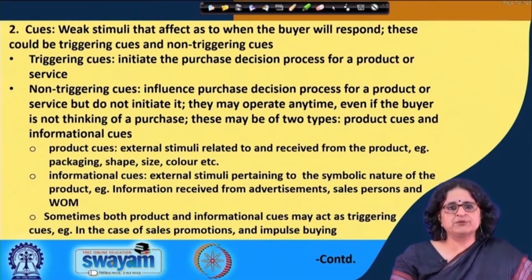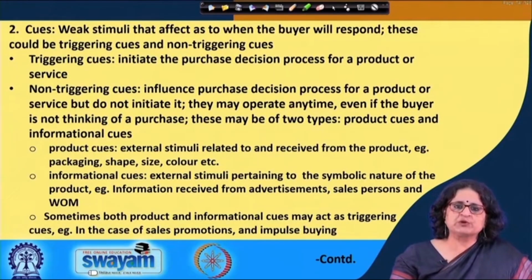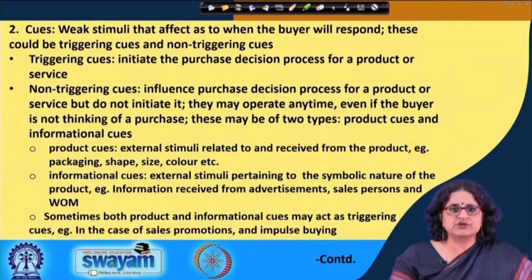For example, information received from advertisements, from salespersons, or from word of mouth from others. These become very symbolic in nature, and are typically to do with information which talks about the symbolic nature of the product.